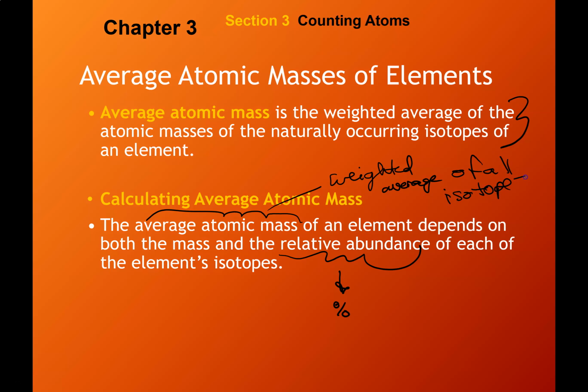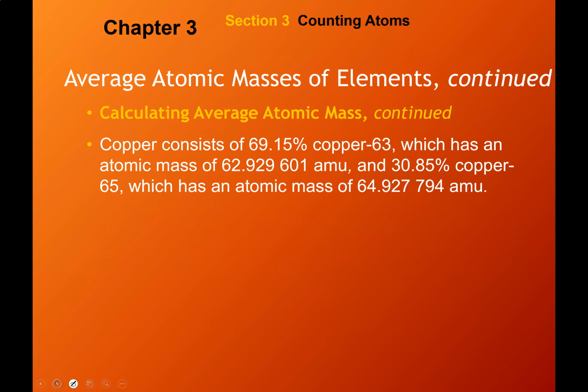The best way to learn how this works is to actually do some math with it and see what we're talking about. So in order to calculate it, we're going to take the different percentages that each individual isotope is present at, and multiply and add them together to get the total atomic mass.